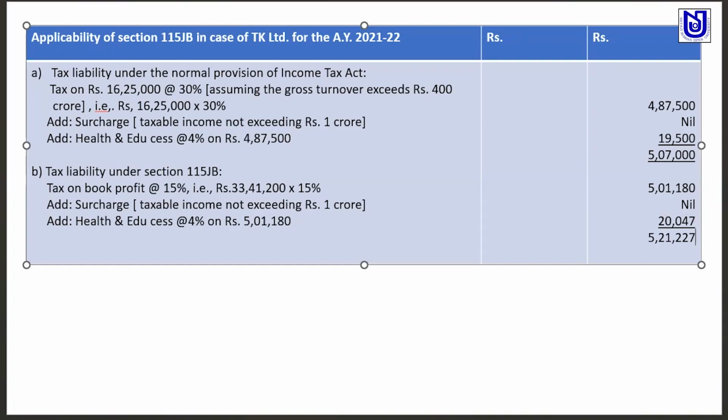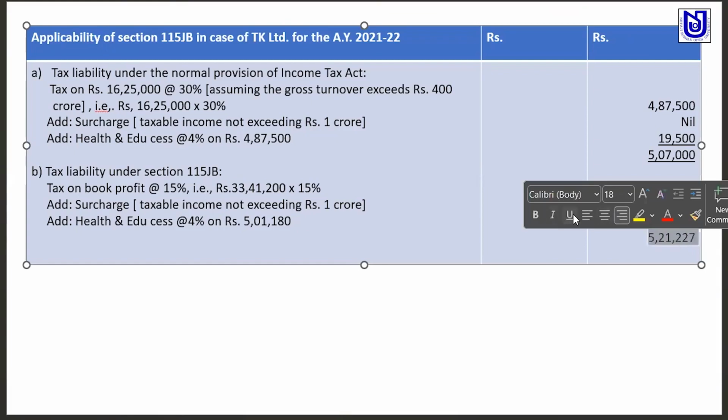Tax liability 5,21,227 under MAT provision, whereas under the normal provision we see it is 5,07,000. So the tax liability under the normal provision of the Income Tax Act is 5,07,000, which is lower than the tax liability under MAT in terms of section 115JB. Hence, MAT liability shall be applicable in case of TK Limited.